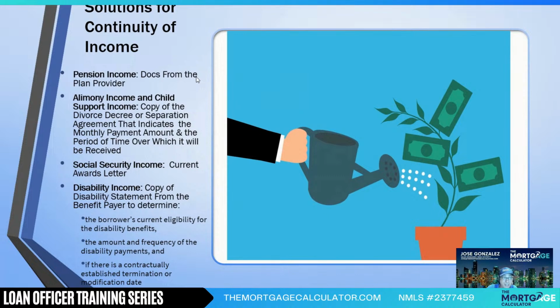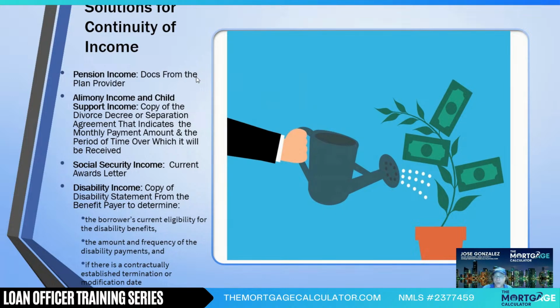We need a copy of the disability statement from the benefit payer, right, to determine the borrower's current eligibility for the disability benefits, whatever disability type we're talking about, if it's short term or long term, because normally in disability we're also talking about long term disability, the amount and frequency of the disability payments, and if there is a contractually established termination or modification date to the long term or the short term disability.